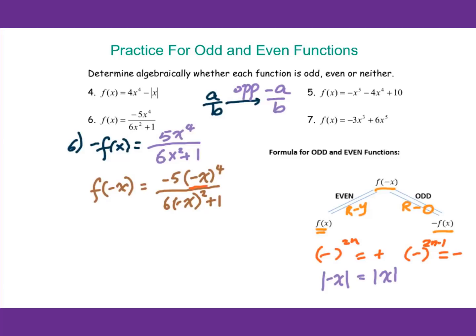Then do the exponents first. A negative sign to the fourth power is positive x to the fourth power. A negative sign squared is positive, so we got x squared. Now we simplify, we got negative 5x to the fourth power over 6x squared plus 1.